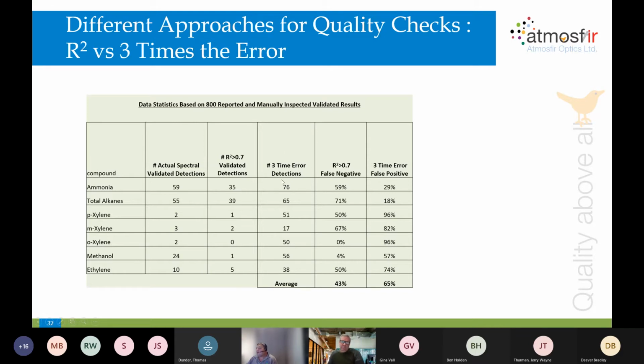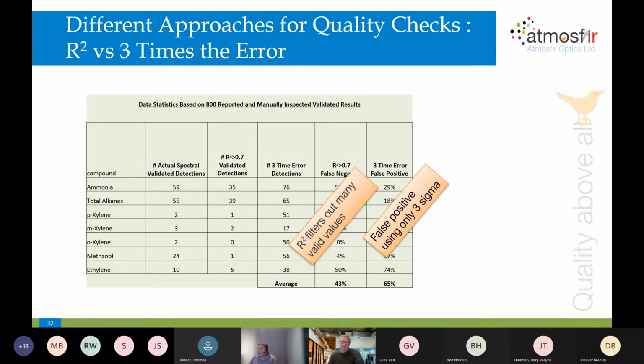If you use the other quality assurance in the method, meaning that your signal is 3 times the error, then you will have 76 instead of 59. In other words, if you use an R square, and I think most manufacturers or equipment providers do, you filter out many validated values, meaning you get a lot of false negatives.